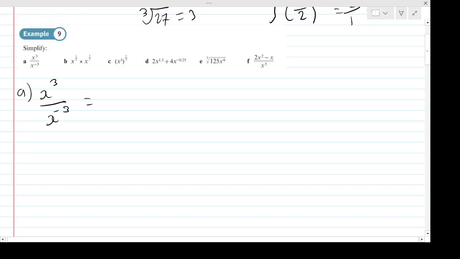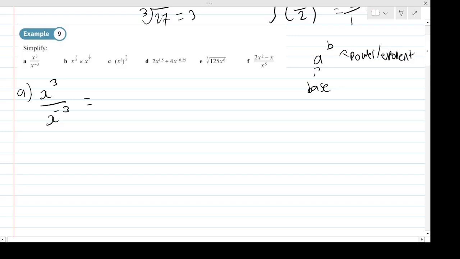Okay, well, it's the same index laws that we looked at last time. So if we're dividing the same base, which is x, again as a reminder, a to the b, we call a the base, and the power it's raised by, the power or the exponent, okay? That's just a little reminder of the language you use.